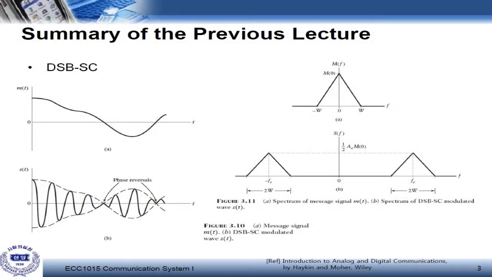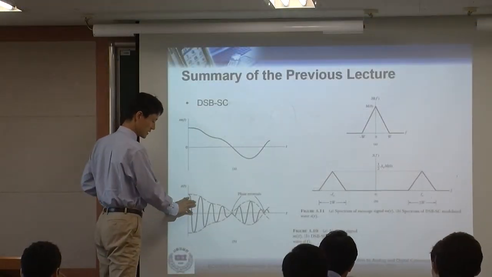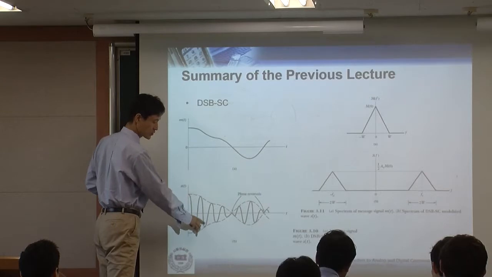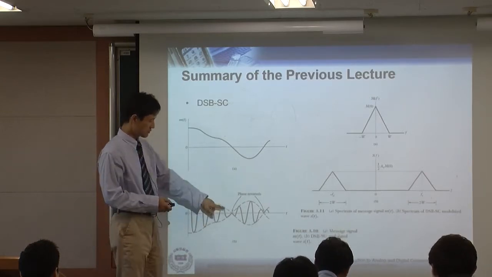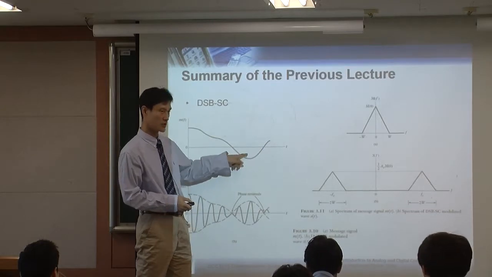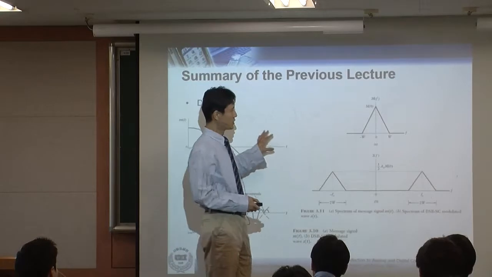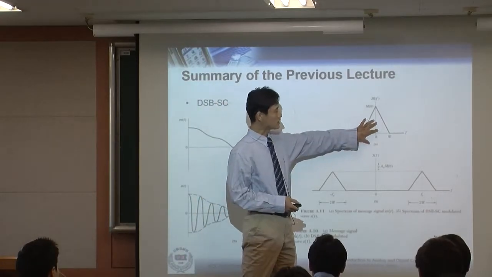If you visualize those things, this is m(t), the time domain message, and you multiply the cosine carrier into here, then you'll see this kind of s(t), and this is what we transmit over the air. Remember that we have a phase reversal here because the message sometimes goes negative. When you look at this in the frequency domain, this is our original message.